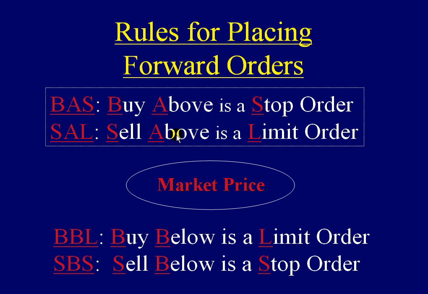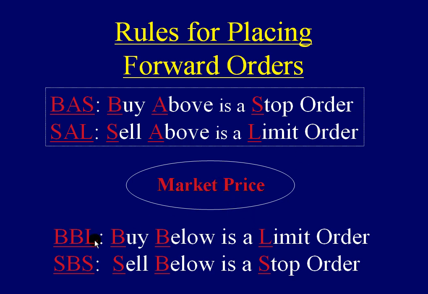If you want to sell above the market, therefore if you want price to move up to a certain level and you think it's going to turn down and you want to sell it, and you want the order to be resting in the market as a forward order, then you would place it as a limit order. And we'll show you that visually in a moment.